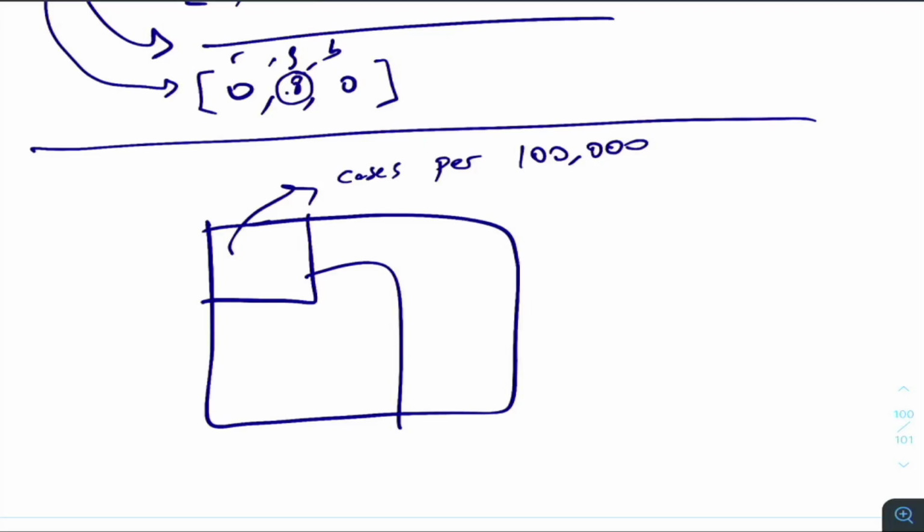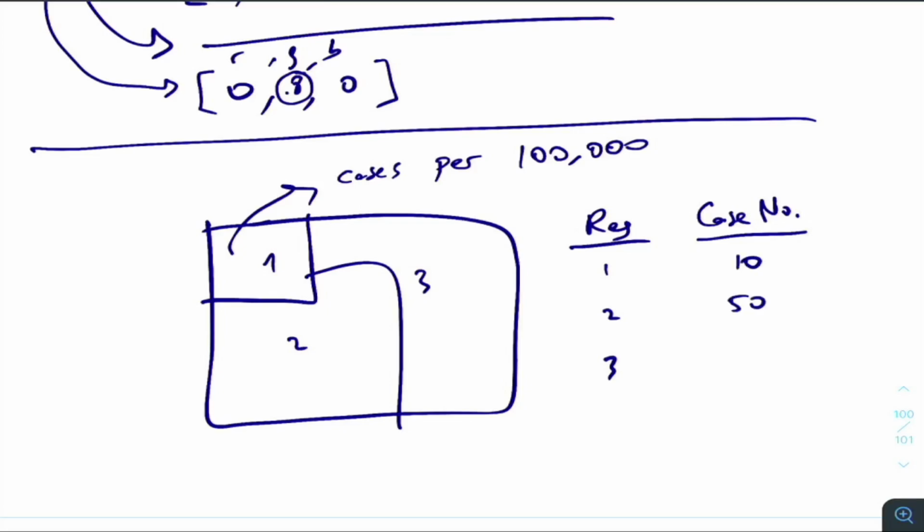For region 1 you have the number 10, for region 2 you have the number 50, and for region 3, let's say you have 1,000.